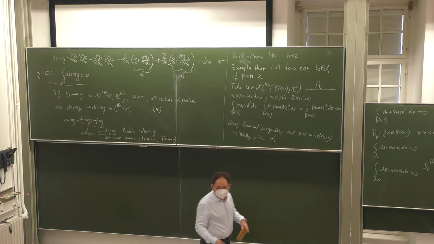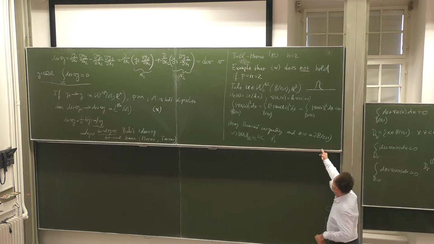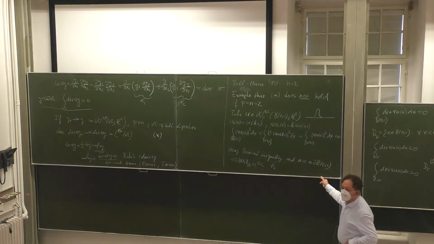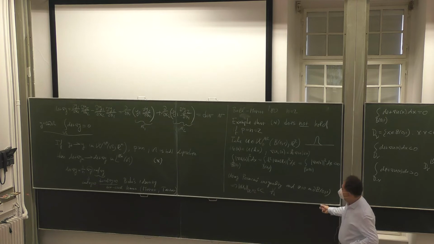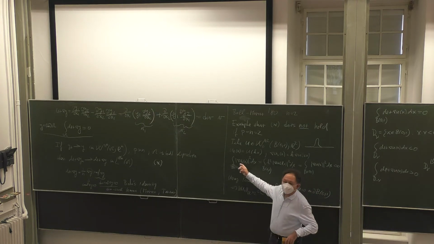So just to tell you why this happens. This happens because the sequence, where do we have it? Here, is such that it concentrates on the boundary of the domain. So the sequence of the gradients is not equi-integrable in L1 if you take the second power here.